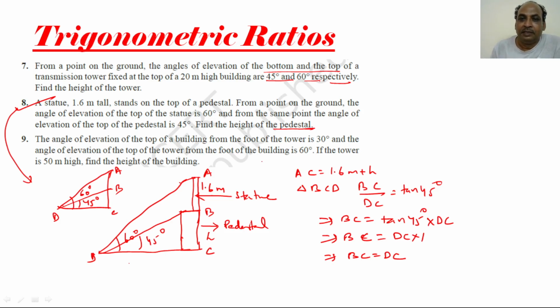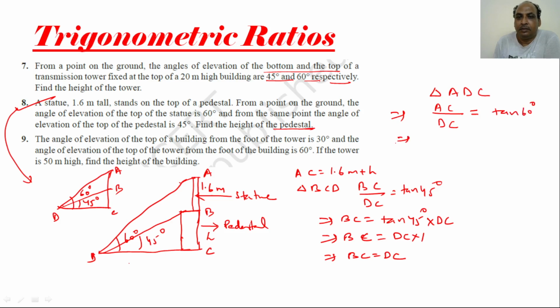Fine. And now we will go for another triangle, ADC. So in this one, AB plus BC, that is AC. AC by DC is equal to tan 60 degree. So AC is equal to 1.6 meter, 1.6 plus H we have written.